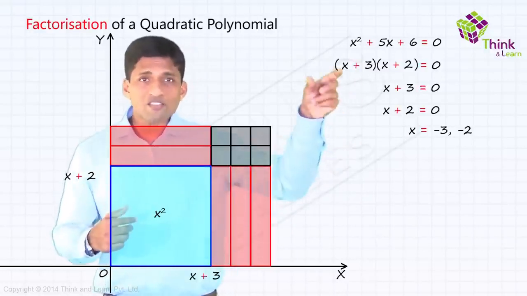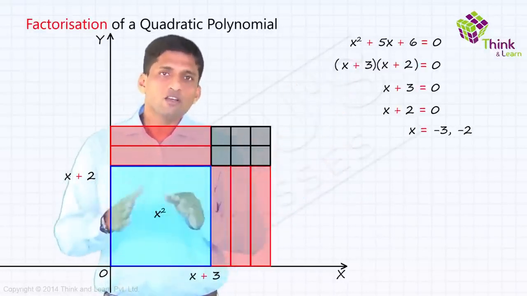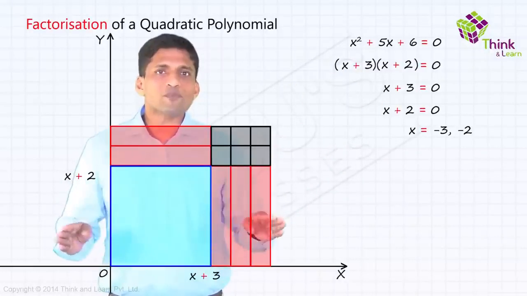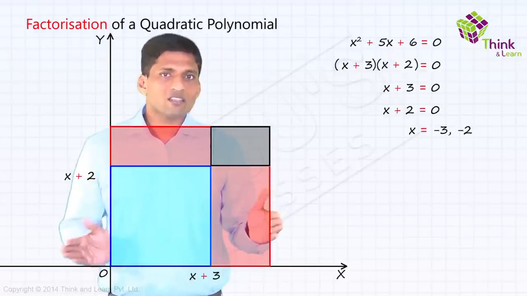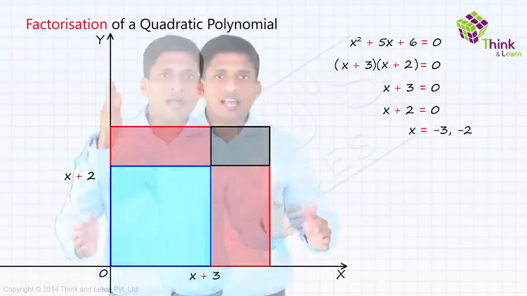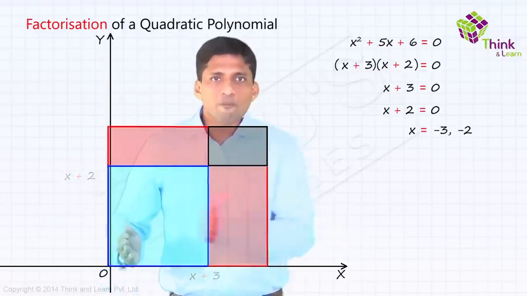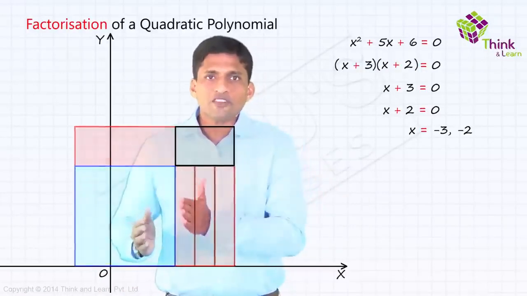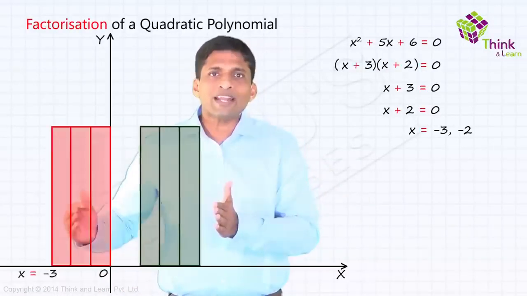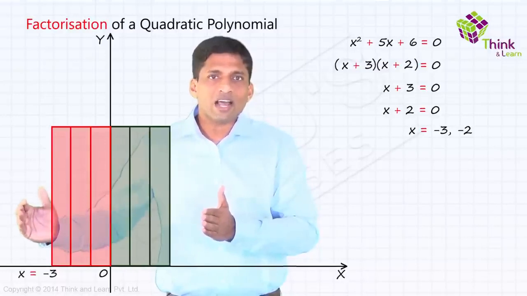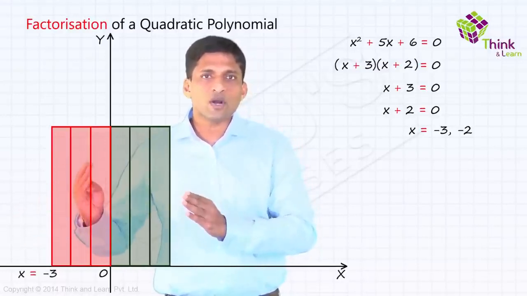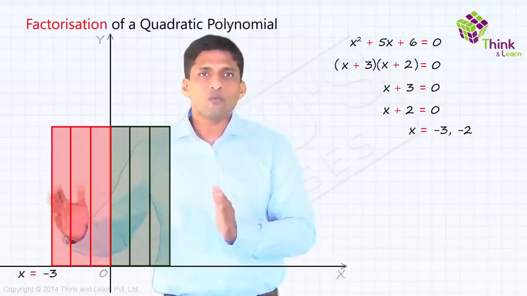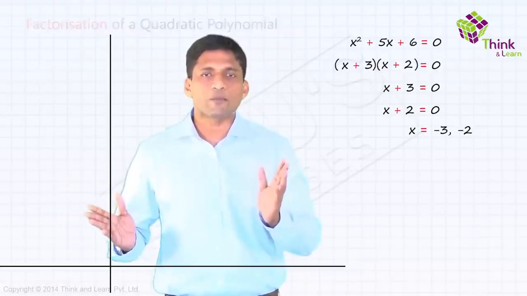Now how can you visualize even this process? It's interesting. From this rectangle of length x plus 3 and breadth x plus 2, now I can make length 0. Assume that the y-axis is here. If I start pushing this to the left, this will start becoming negative. When x is minus 3, these two areas, what is there in red and what is there in green, will get cancelled out and the rectangle will disappear.